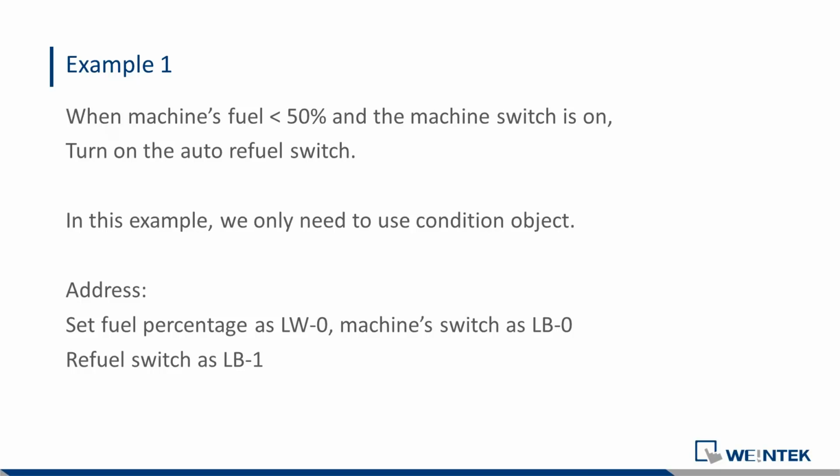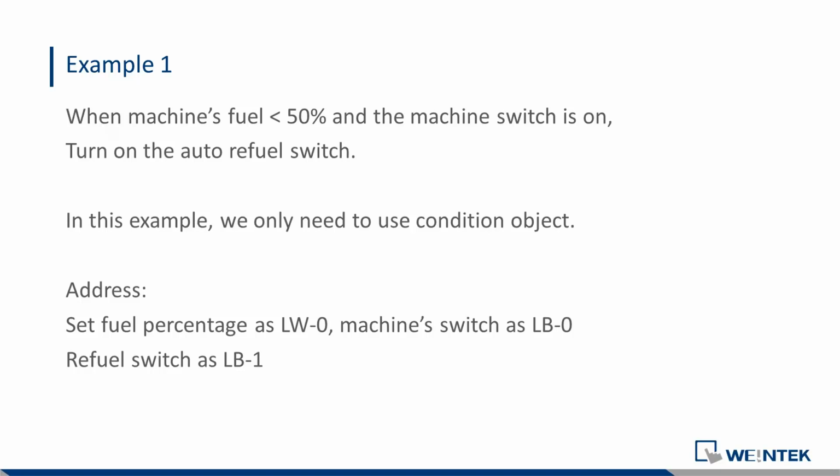In this example, we only need to turn on a bit, so we only need to use one condition object. About the addresses, I set the fuel percentage as LW0, the machine switch as LB0, and the refuel switch as LB1.